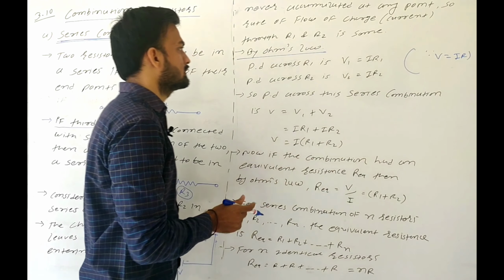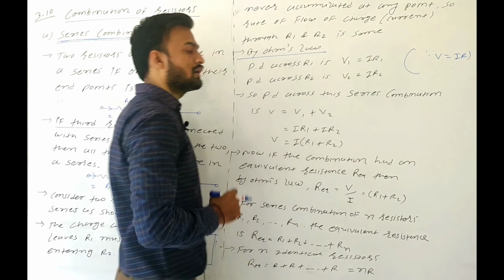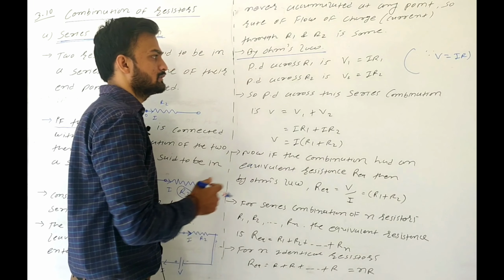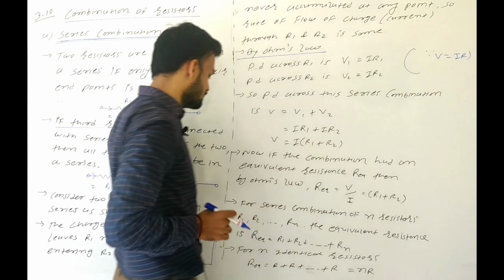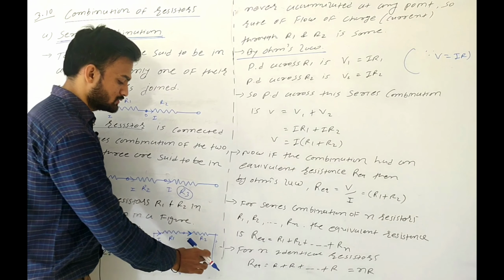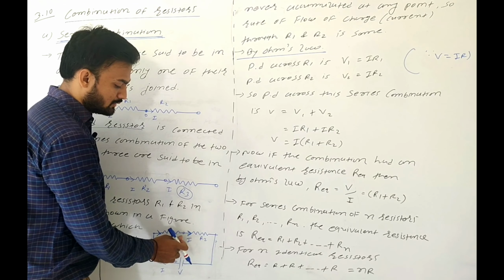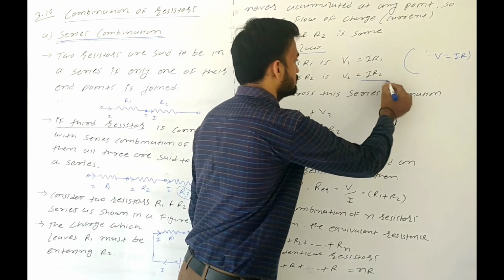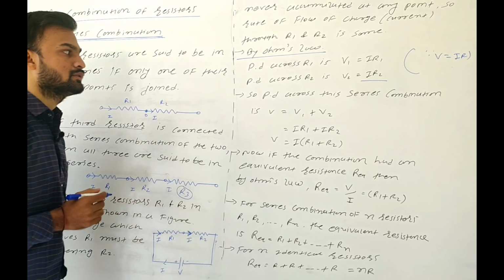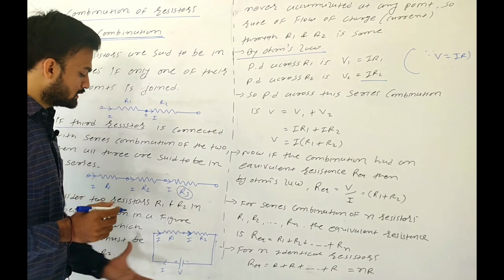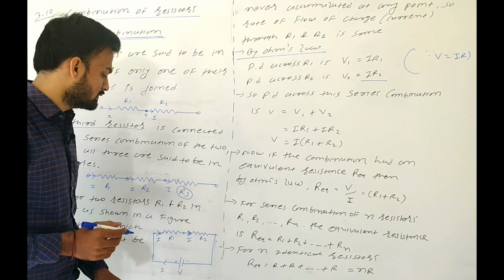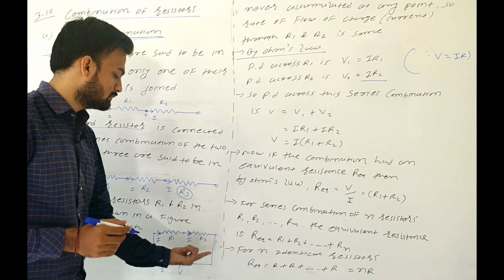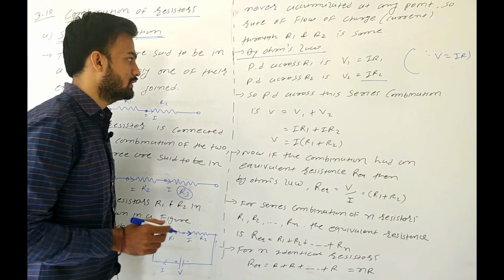By Ohm's law, V equals IR, the potential difference across R1 is V1 equals IR1, and potential difference across R2 is V2 equals IR2, because the current flowing through R2 is also I. Now the total PD across this combination is the sum of the potential difference across R1 plus across R2.